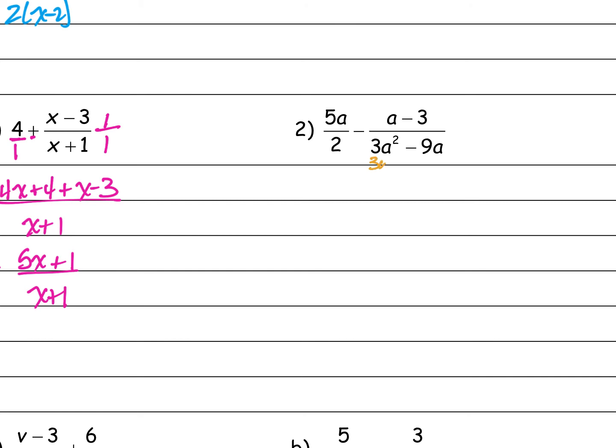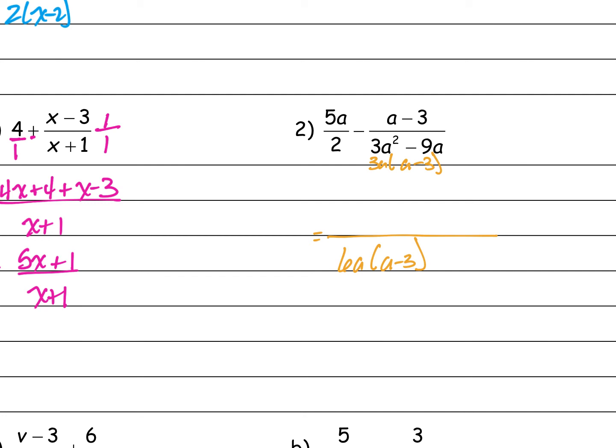Okay. Great. So next one, let's see, I have a 3a times a minus 3. That's ugly. Okay. So I think my common denominator is going to be 6a times a minus 3. Okay, on the first denominator, what do I need?